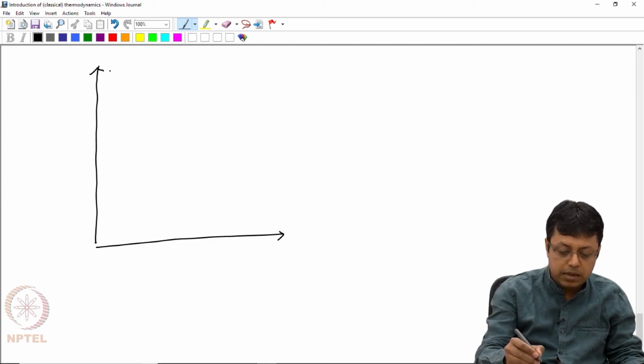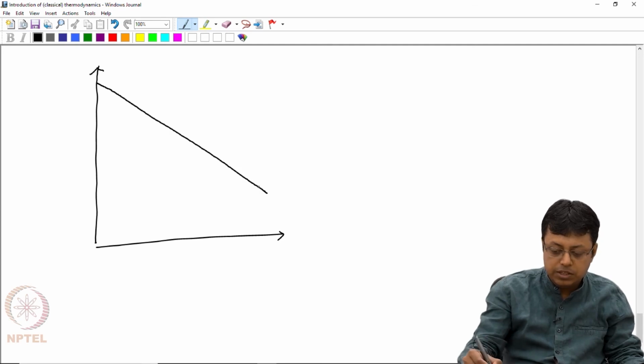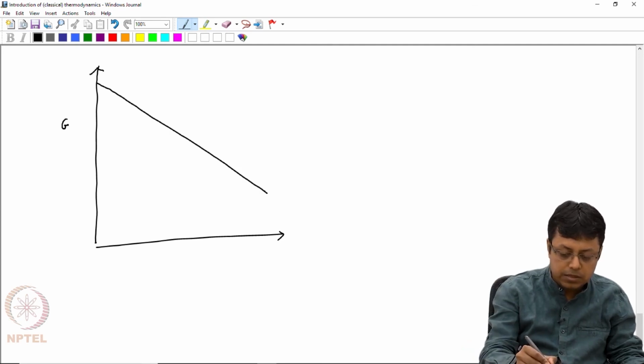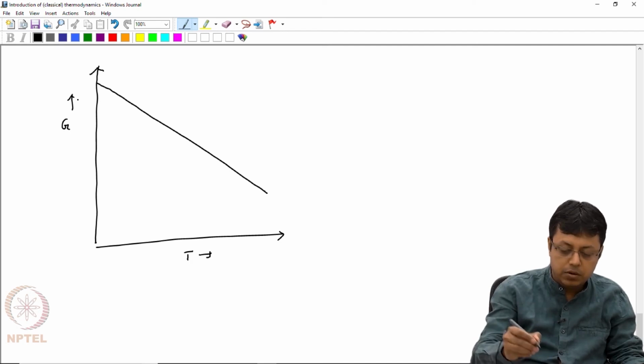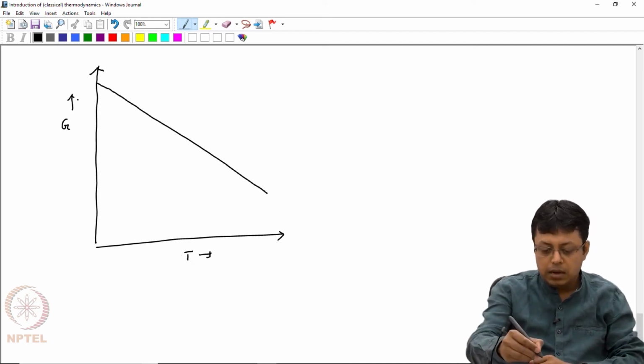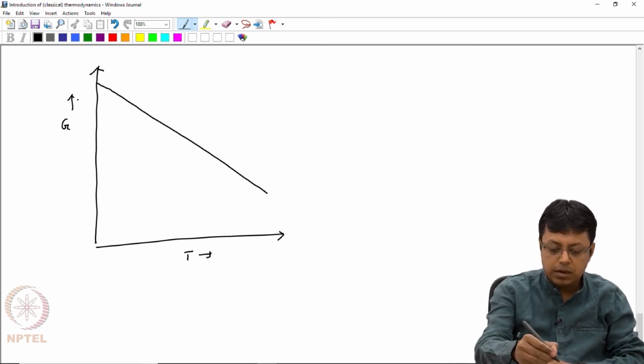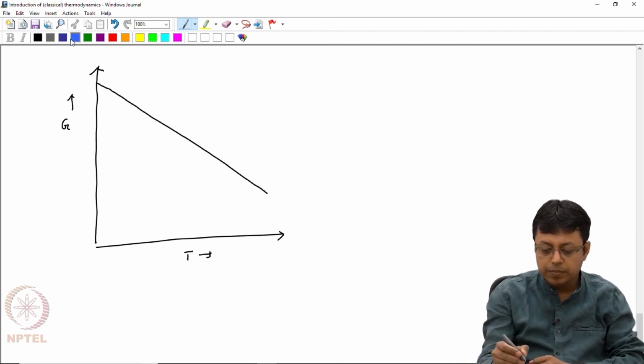And so what I'm saying here, I have a G versus T, or mu versus T, curve for the solid, which I wrote as the black curve, and then let us draw another curve, let's say in blue, for the liquid.